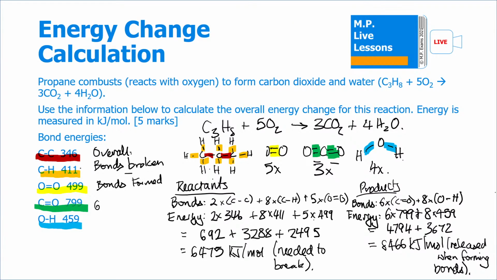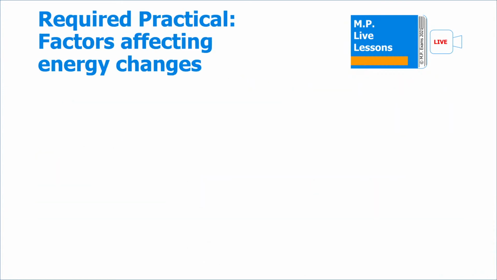So it's 6,475 minus 8,466. We get negative 1,991. That's an example.